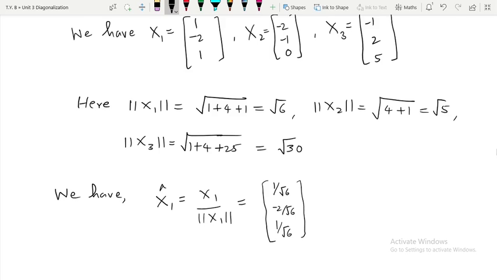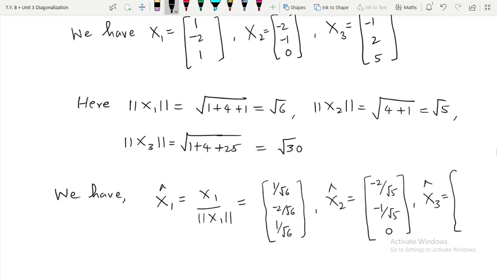Then your x2 cap over here, in this case it is root 5, so minus 2 upon root 5, minus 1 upon root 5, and this is going to be 0, which is well and good. What about my x3 cap? Our x3 cap is going to be minus 1 upon root 30, 2 upon root 30, and 5 upon root 30.